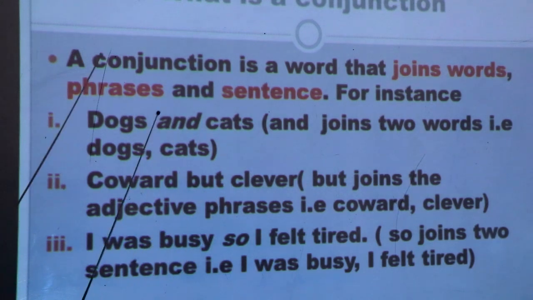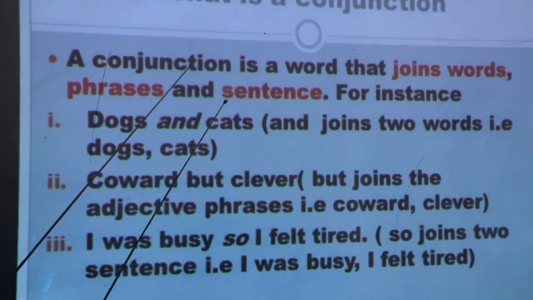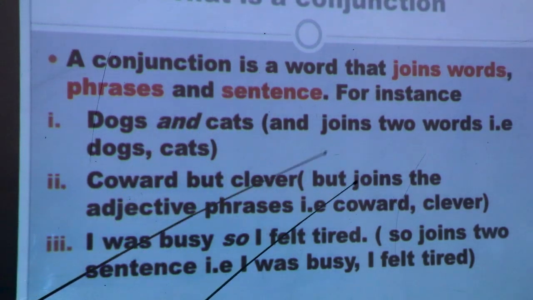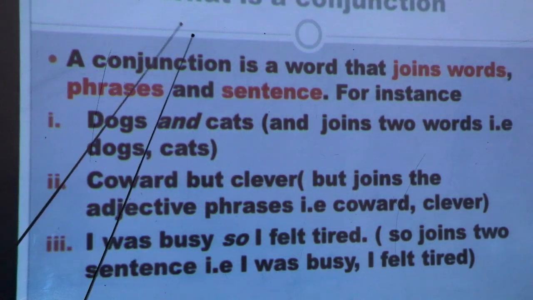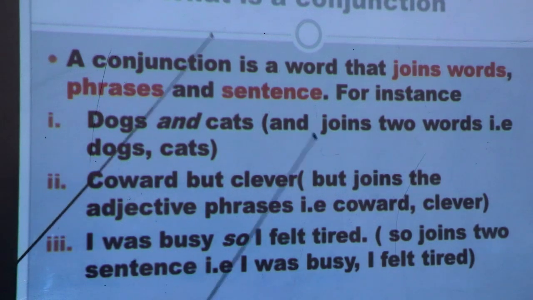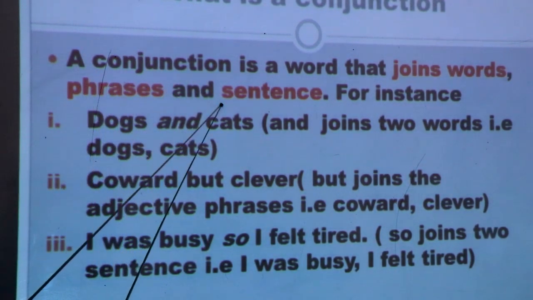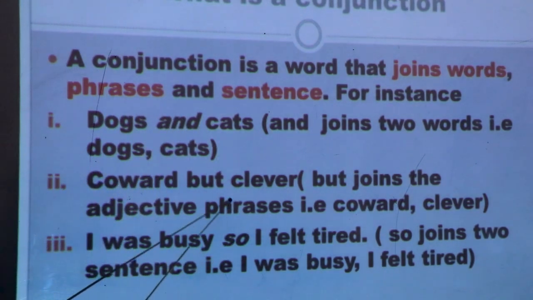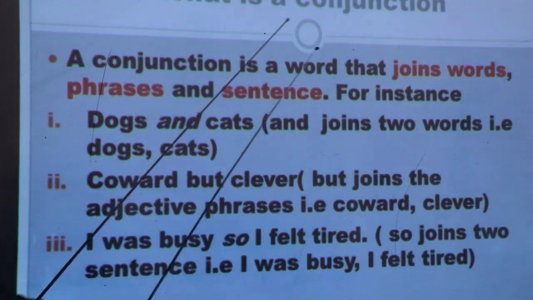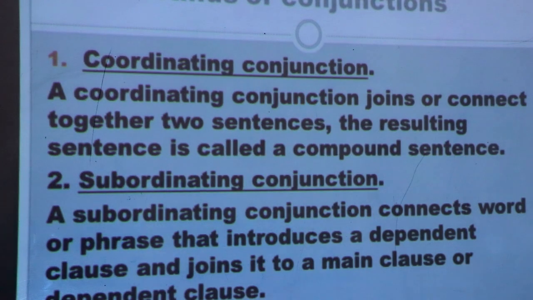Those are adjective phrases. And the last point, they are sentences joined by a conjunction. So we are through with these points. I hope you understood conjunctions, and how I've shown you how it joins words, phrases, and sentences. Let's go to the next slide.